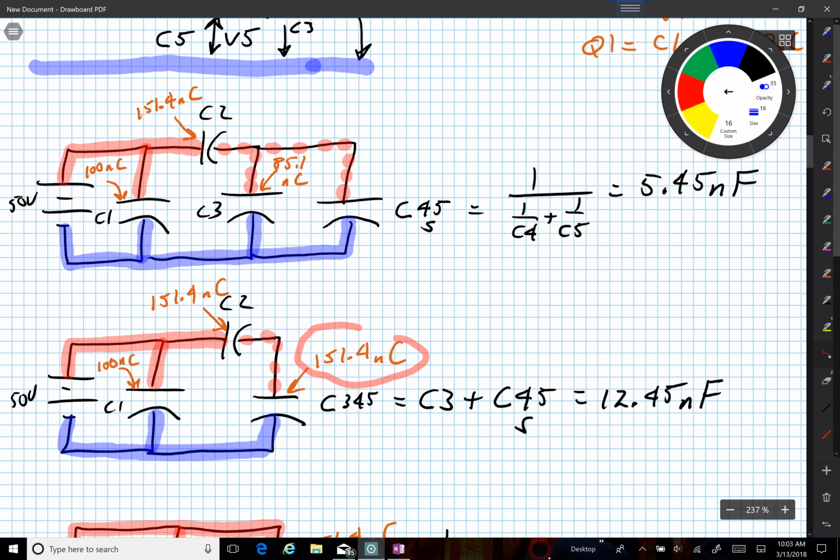I know that C345 was 151.4 nanocoulombs on the plate. Well, here's 85.1 of it. So this charge here must make up the rest of it. So I can take the 151.4 and subtract, which gives 66.3.